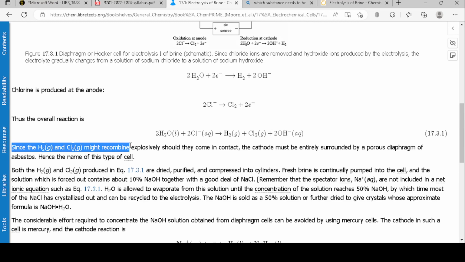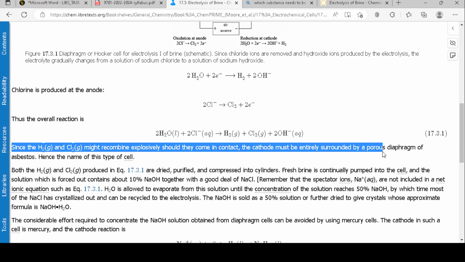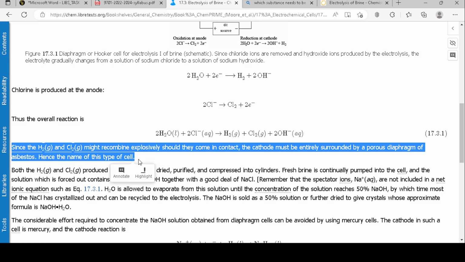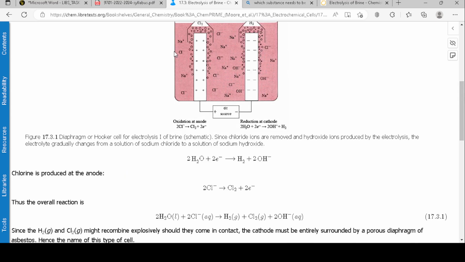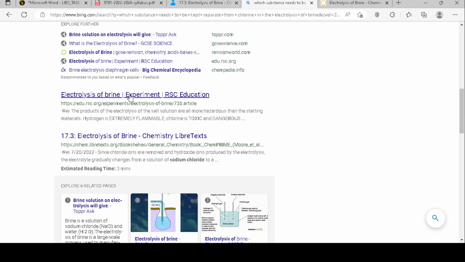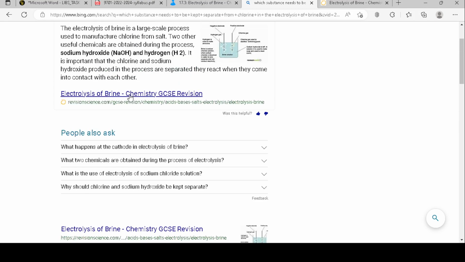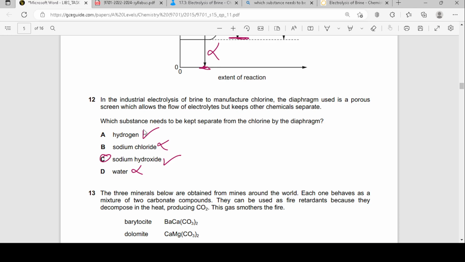Since the H2 and Cl2 might recombine explosively should they come in contact in the electrolysis of brine, the cathode must be entirely surrounded by a porous diaphragm of asbestos. So you could either have H2 and Cl2 as the answer, or they're saying over here that it is important that the chlorine and sodium hydroxide are separated. So actually your answer could be either A or C.